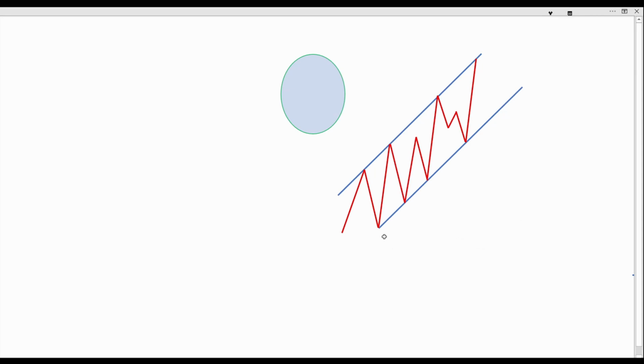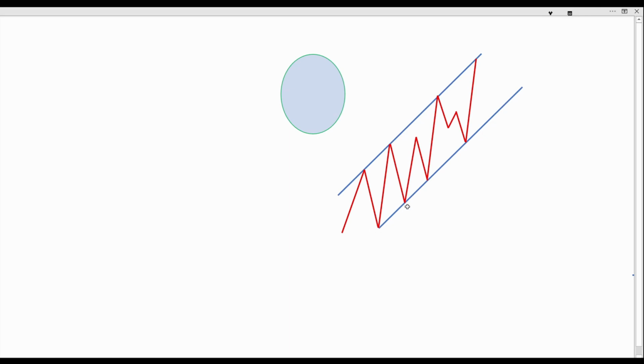The first thing we have to do is to draw the trend channel properly, and the next thing is to check if it's a consolidated channel. One way I do it is to see if it touches at least 3 points in the channel.